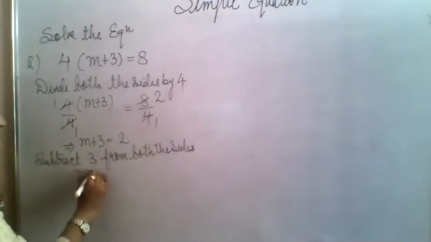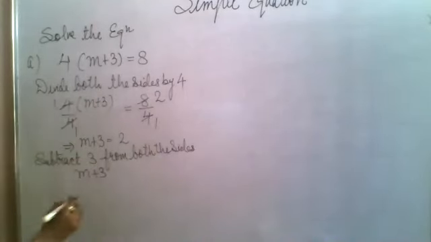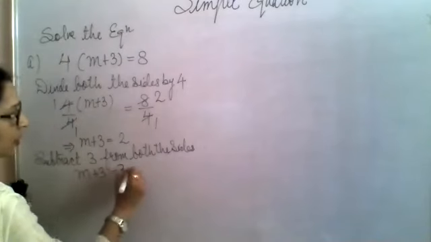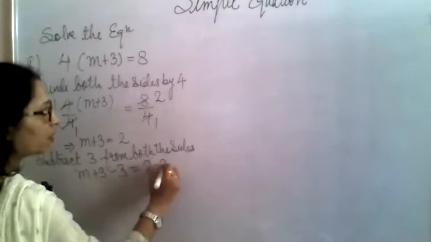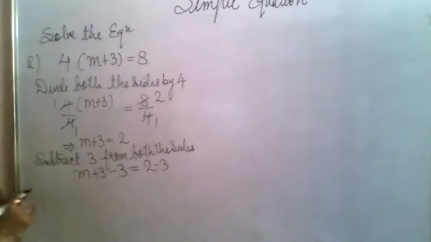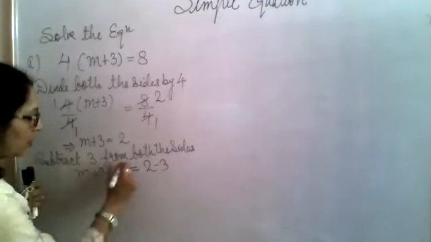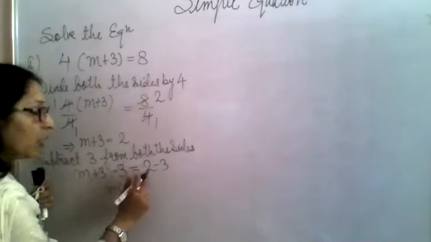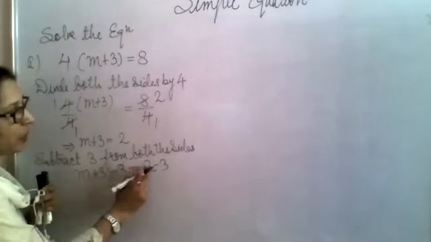You will get m plus 3 minus 3 equal to 2 minus 3. Plus 3 minus 3 cancelled, and it has different sign, plus and minus.